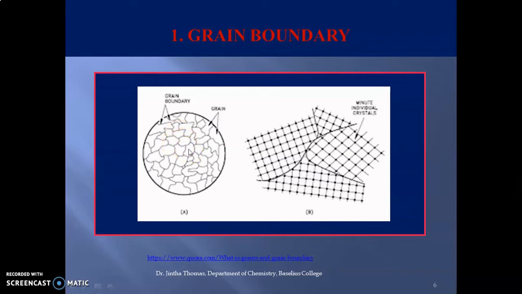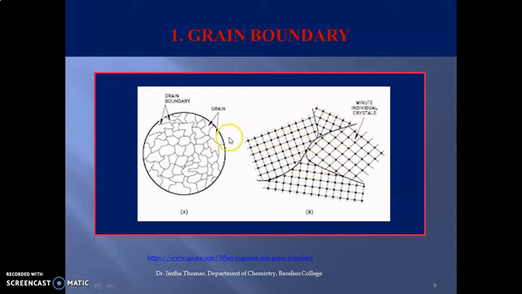Now the boundary separating each of these crystals or grains is called a grain boundary, and a grain boundary causes a discontinuity in the periodicity of the crystal lattice of all these grains attached here.